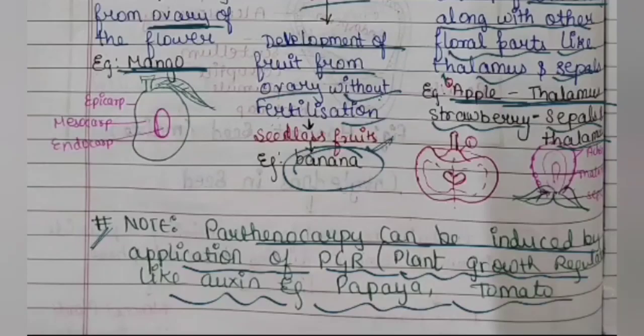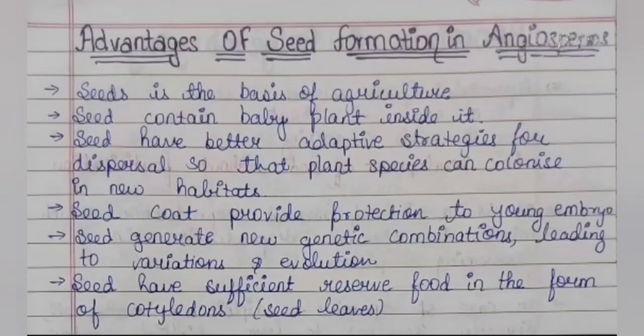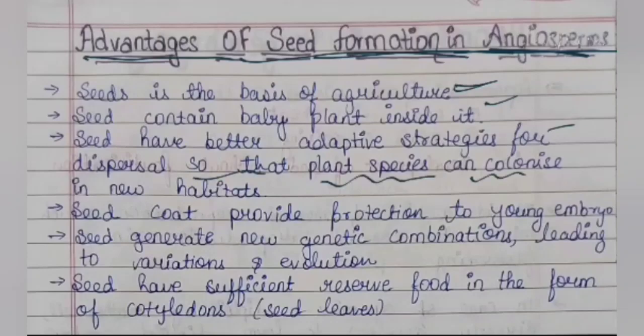Now we are going to look at the advantages of the seed formation in angiosperms. So seeds is the basis of agriculture. It also contains baby plant inside it. It has better adaptive strategy for the dispersal so that plant species can colonize in new habitats.